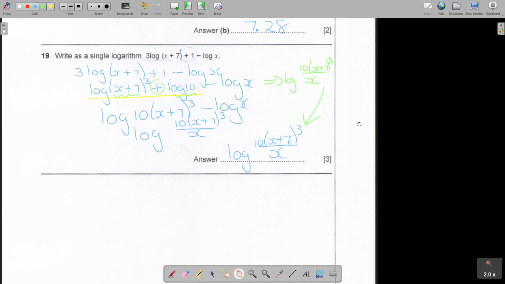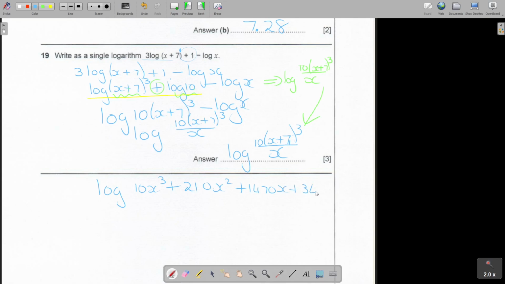Now, if somebody wrote this and multiplied out, it's going to take you so much time, and it's not necessary. It's not going to give you extra marks. I just see it in the memo. So if someone went to this and wrote this, it will also be correct. But as I said, just stop. Again, I think if you come up to that step, 2 marks in the final, you will get that 1 mark.